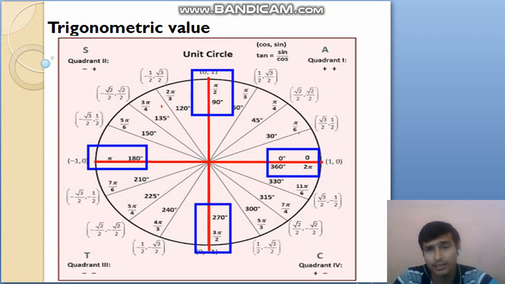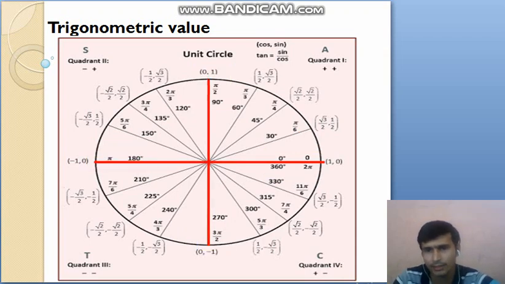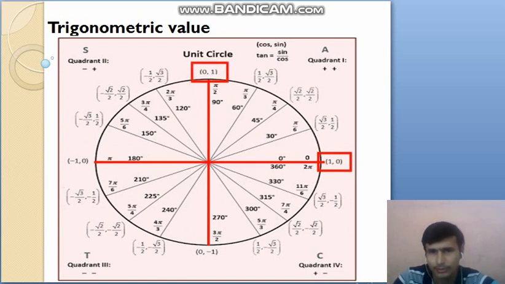Right, here the angle is written in degrees as well as in radians. Now write the value of the coordinates. Here 1, 0: the x coordinate is 1 and the y coordinate is 0. Here 0, 1: the x coordinate is 0, the y coordinate is 1.